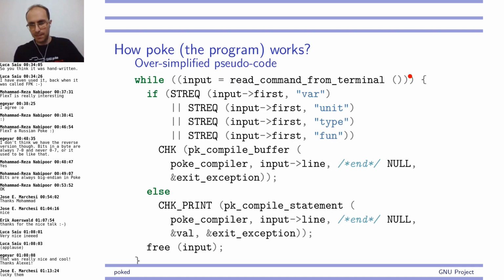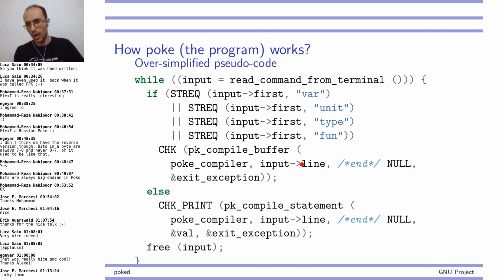So this is the main loop. The program waits for the user to enter a line, and you get the input. If it's null, you go out of the loop. Inside the loop, we compare the first word with var, unit, type, func. If one of those conditions is true, we land up here and invoke the pk_compile_buffer function with the poke compiler.